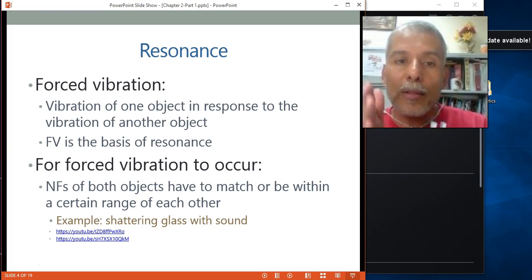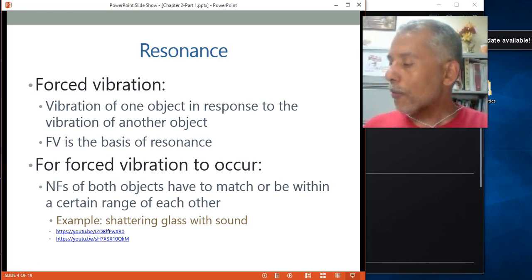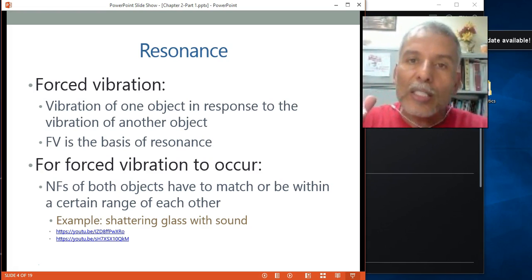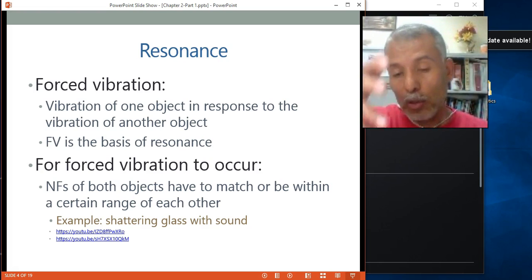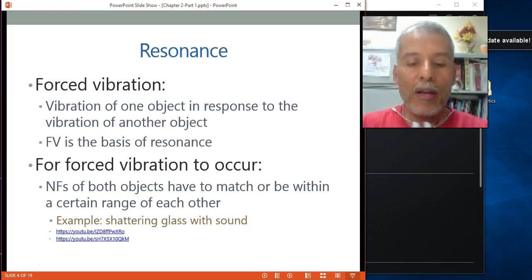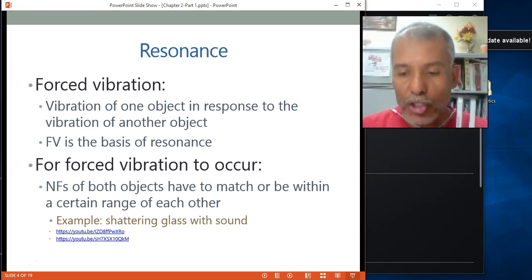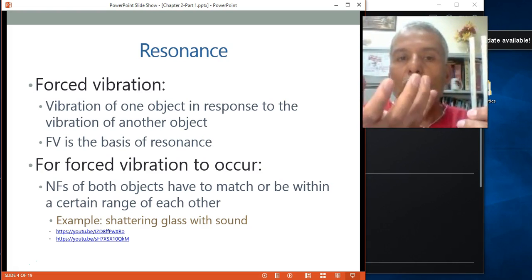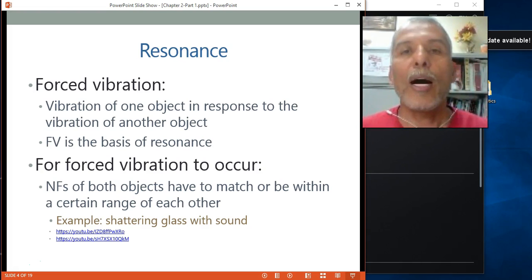The more the frequencies are different from each other, the less the resonant response is going to be. So they will be perfect, and it gives you the maximum amplification if, for example, the guitar string matches or vibrates at exactly the same rate as the air inside of the box. That will amplify to the highest level.